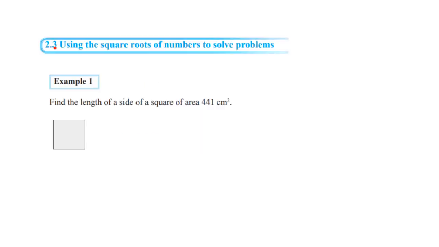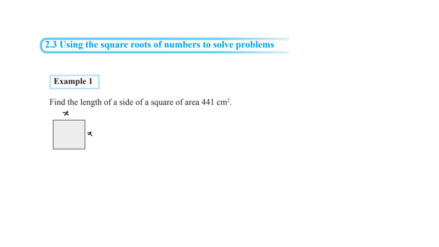Our topic is 2.3, using the square root of numbers to solve problems. Example 1. Find the length of a side of a square of area 441 cm squared. Okay, we have a square like this. So we have to find the length of a side. I put the length of a side as x here and x here.